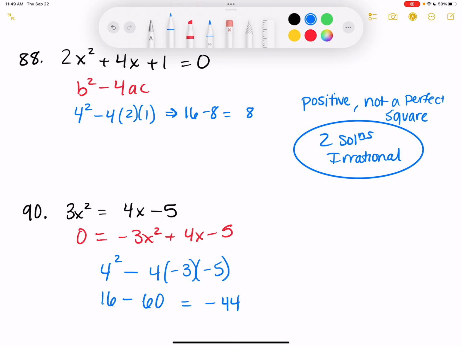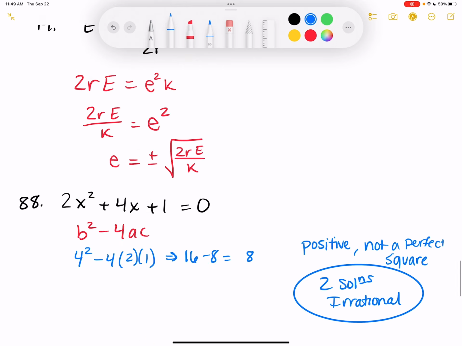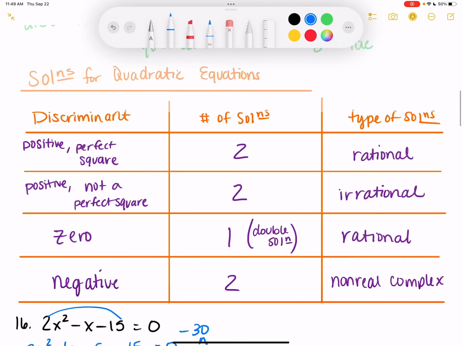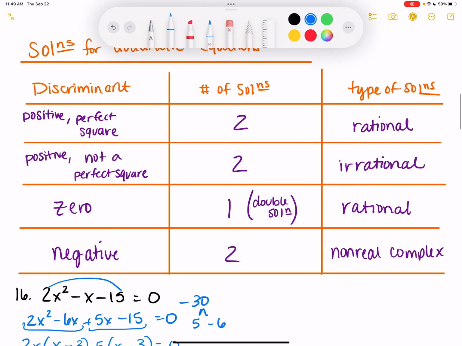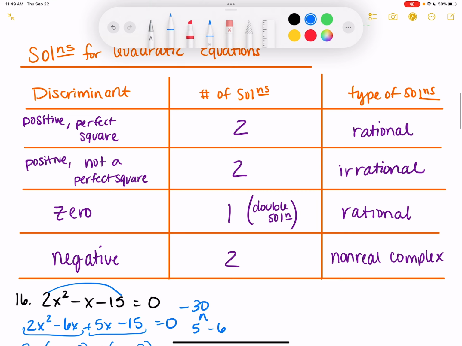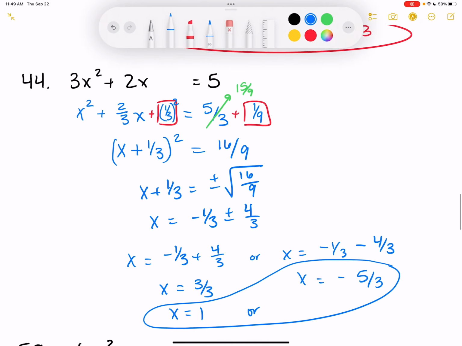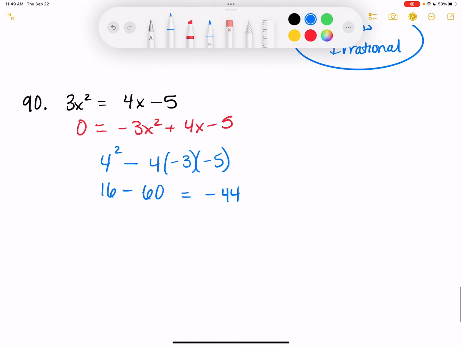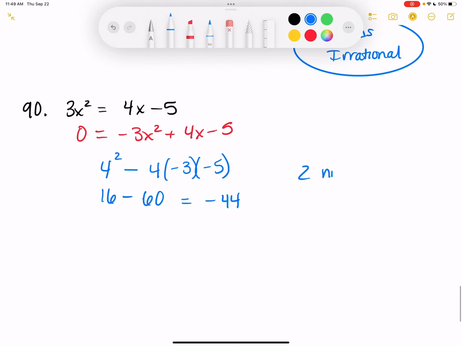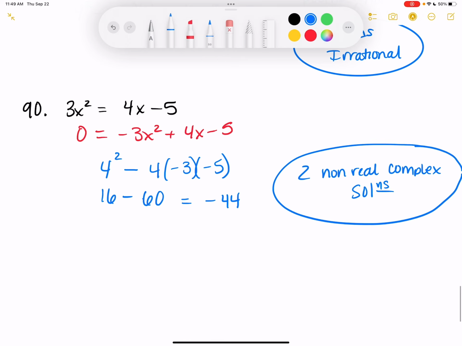So negative means 2 solutions, and it's a non-real complex solution. So if you want to write it this way, 2 non-real complex solutions. That would be a sufficient way to write that.